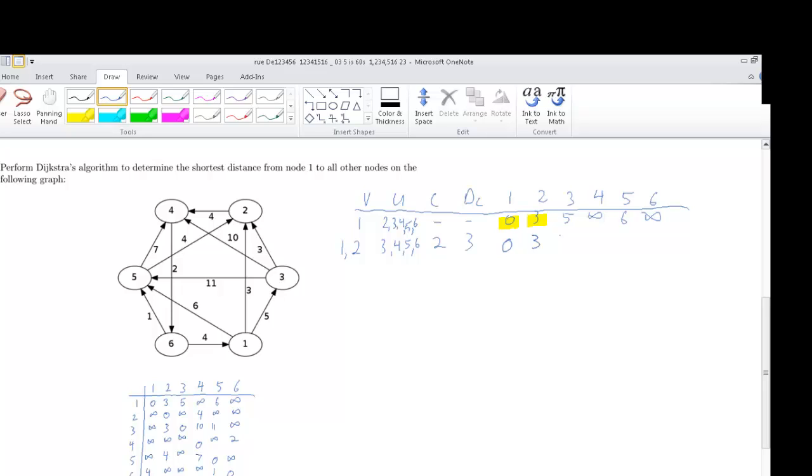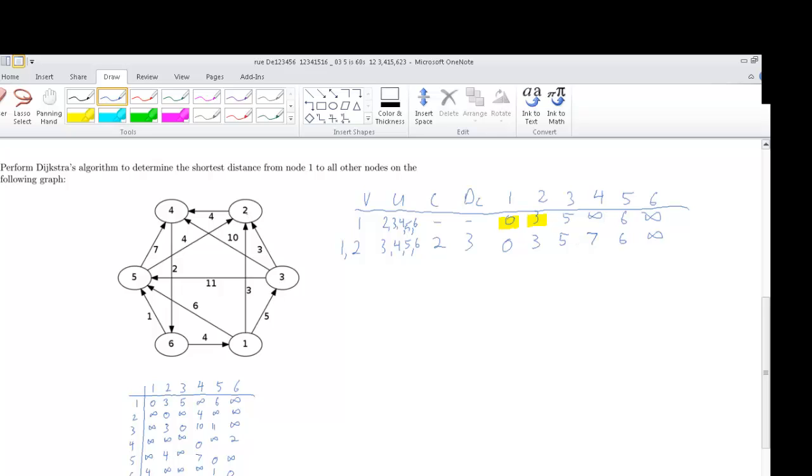5, infinity, 6, infinity. So what did I just do? Actually, I made a mistake here. That's a 7. What I did is I looked at the shortest distance to 3.